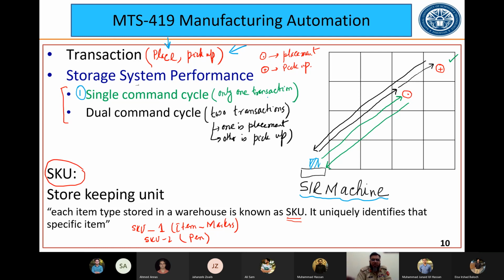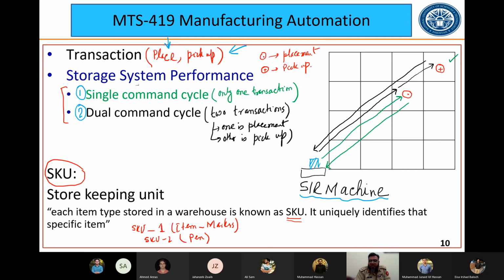I will explain this to you, how. So a single command cycle would be a cycle in which only one transaction will take place. All right, and a dual command cycle would be a cycle in which two transactions will take place. So let me just explain on this diagram, which is towards the right side of this slide.